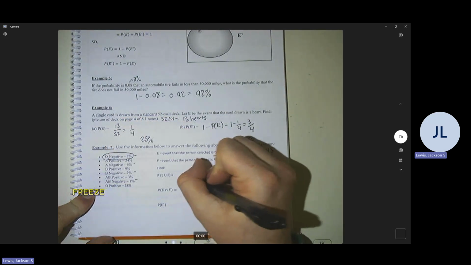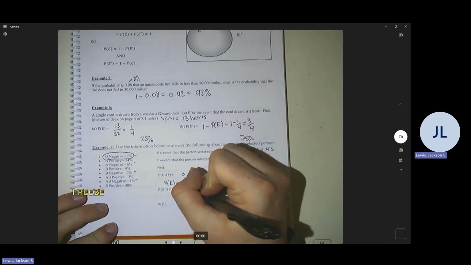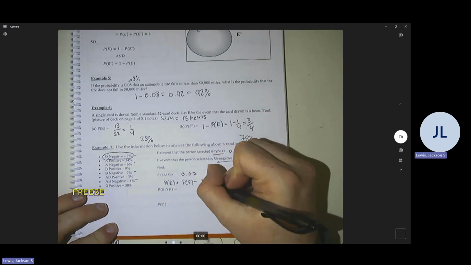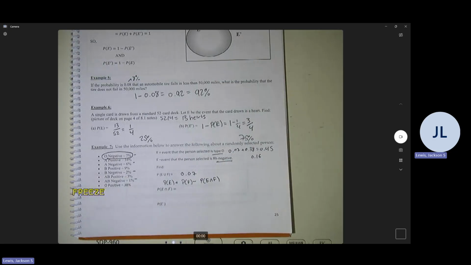O negative is 0.07. This would also be the same as the probability of E plus the probability of F minus the intersection, so the probability of E intersect F. We take E intersect F and subtract that out.